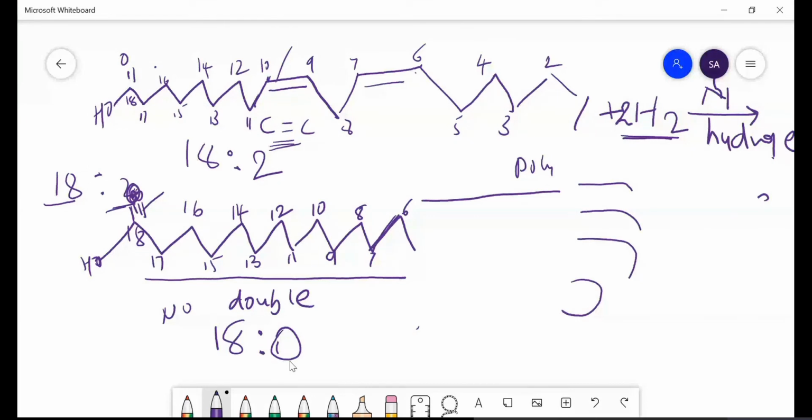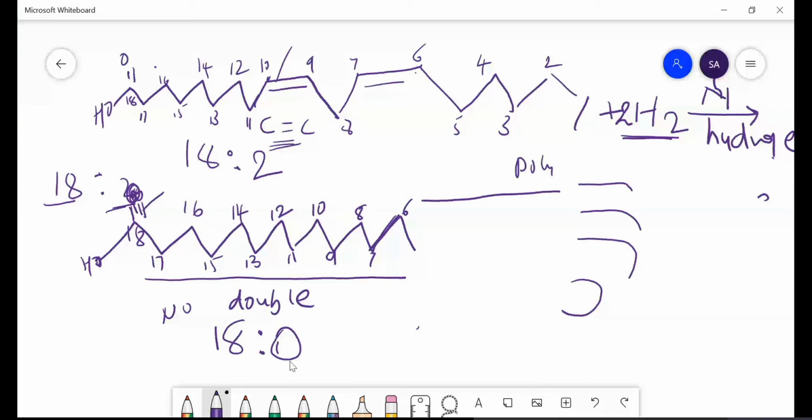No change in the ester bonds, no change in the carbon numbers. Only the double bond is changed into a single bond. Just by reacting with hydrogen, we can convert a polyunsaturated fatty acid into a saturated fatty acid.